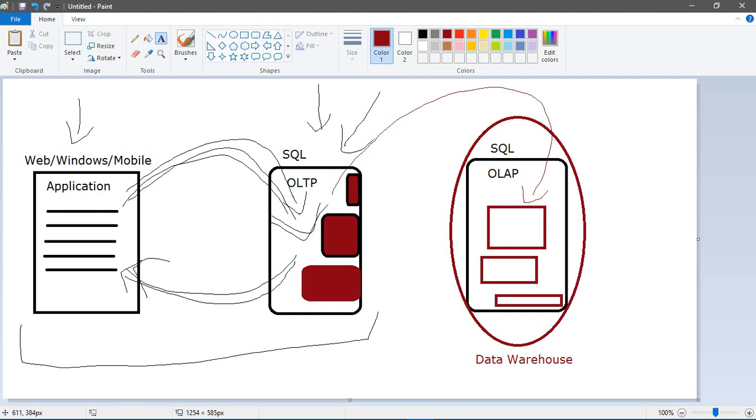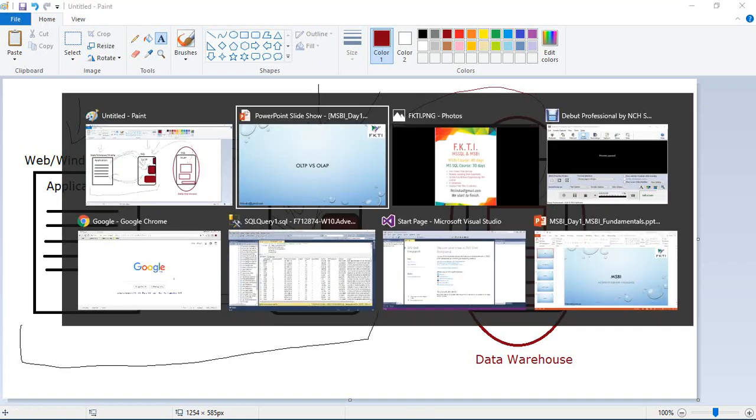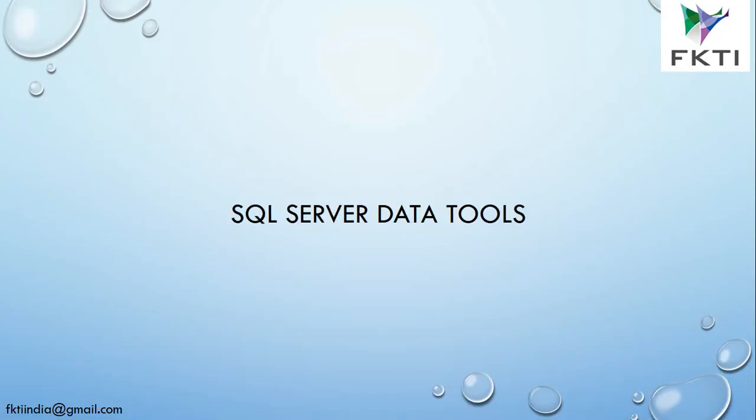You know the reasons why we use OLAP and why we cannot just deal with OLTP. So if this understanding is clear, the very first thing that we will see now is what tools we use for achieving this. What are the tools for Microsoft Business Intelligence? That is called SQL Server Data Tools.